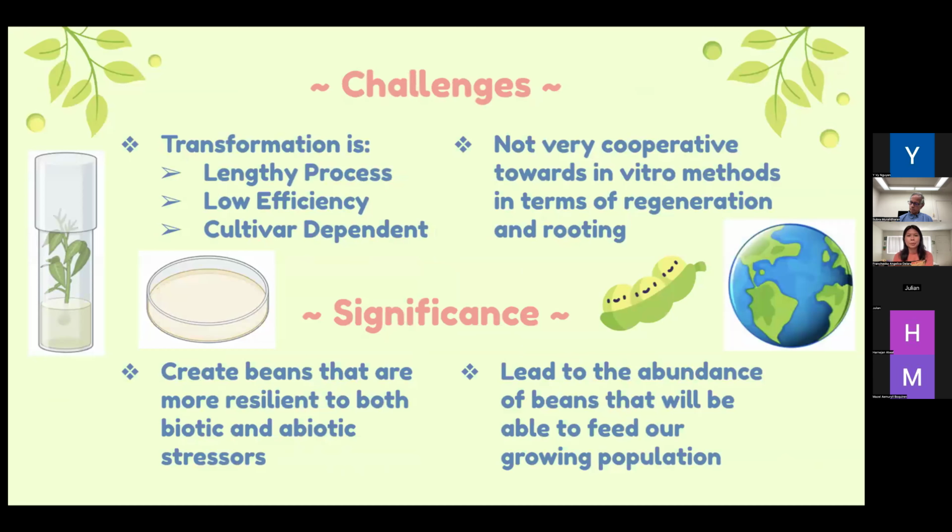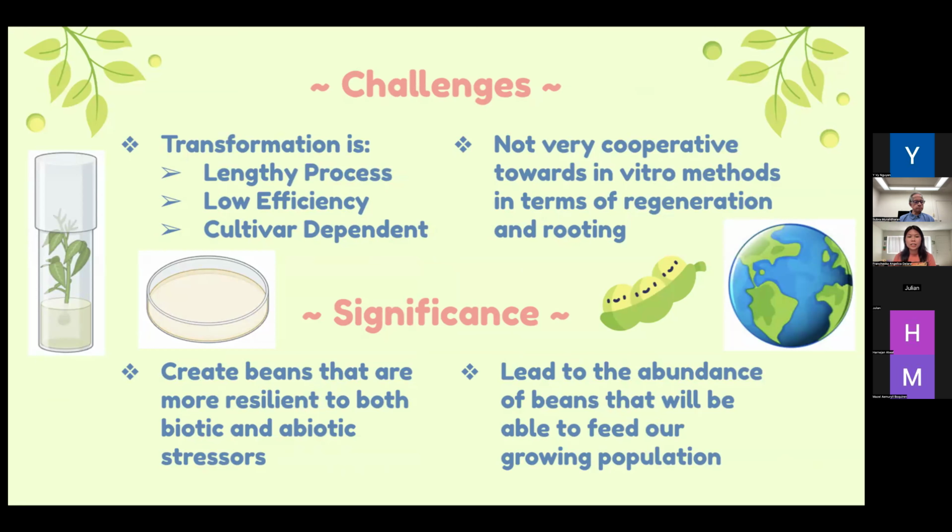As I had previously mentioned, beans are very recalcitrant, so their transformation and genetic editing process is very challenging because it's a lengthy process, the efficiency is very low, and it's cultivar dependent, meaning that depending on the bean, they perform differently. Beans are also not very cooperative when it comes to in vitro methods, such as regeneration and rooting.